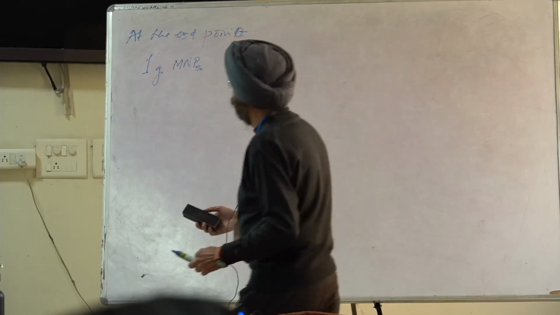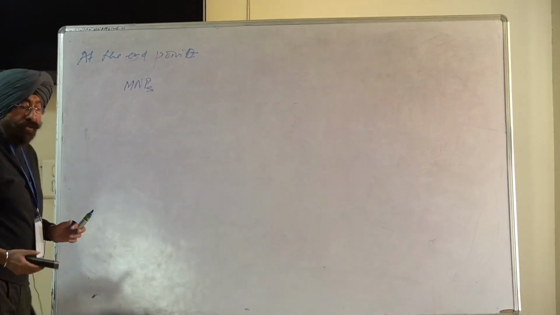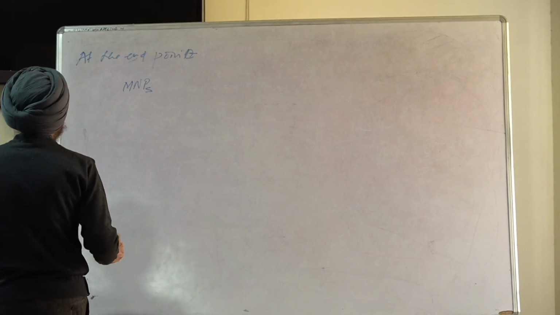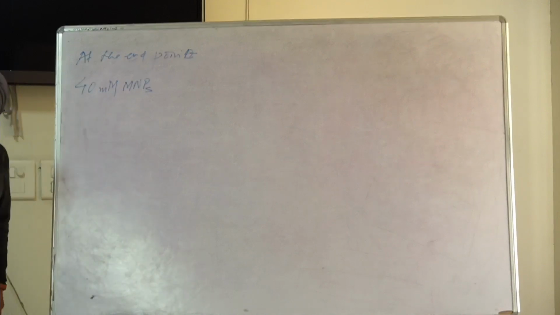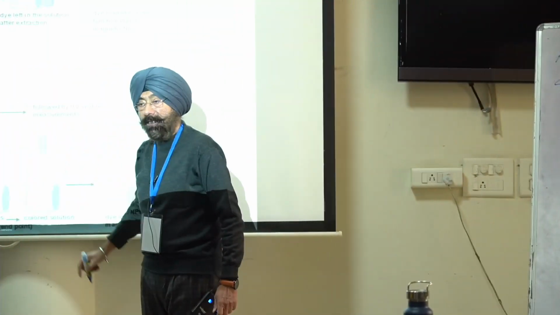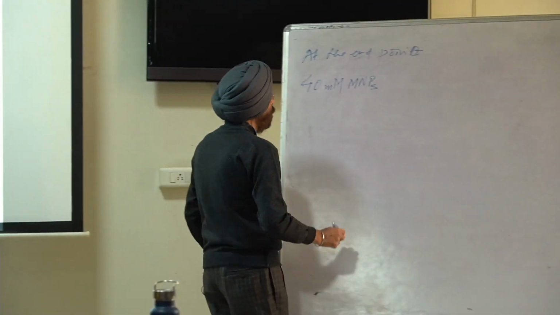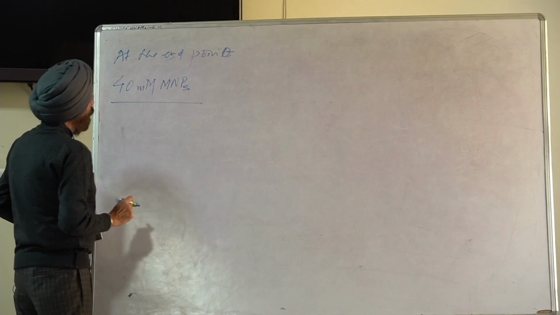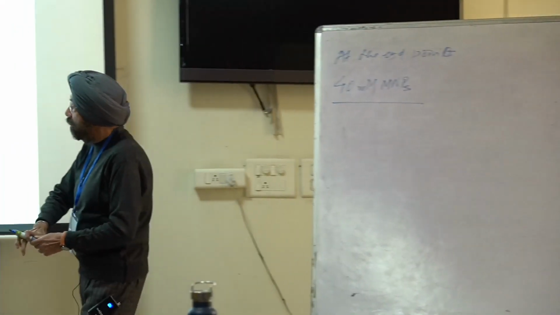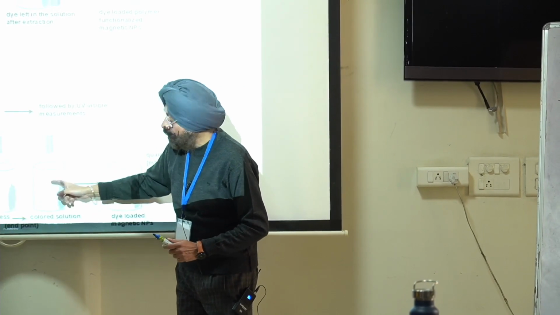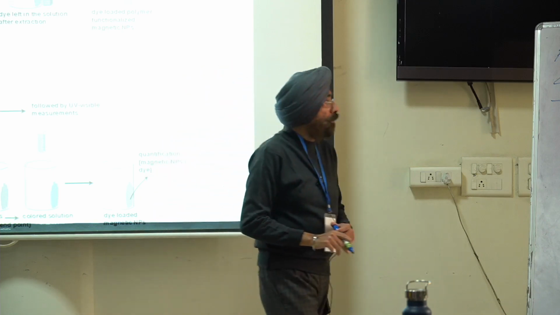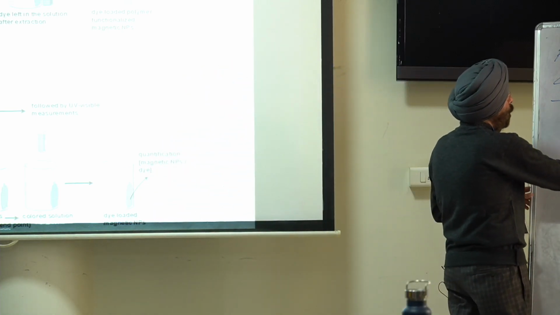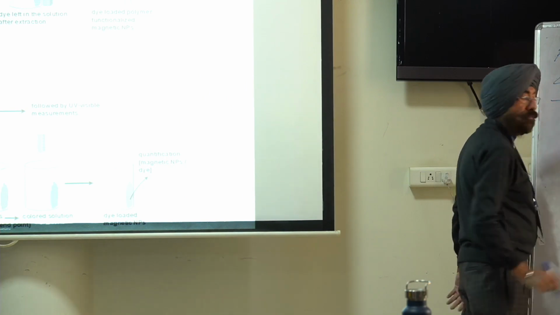I should put the concentration units. Say I have taken 40 millimolar of the magnetic nanoparticle. So this is the lot where the total concentration is 40 millimolar, right? And how much dye has been extracted? Because I am adding dye and this is the total volume, I can calculate the final concentration of the dye. I may say that this is probably 2 millimolar of dye, right?